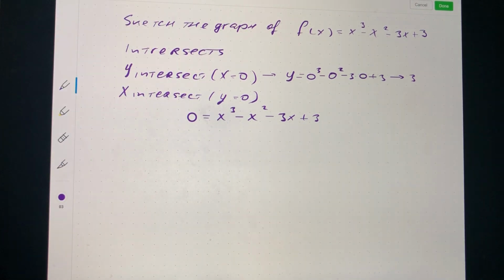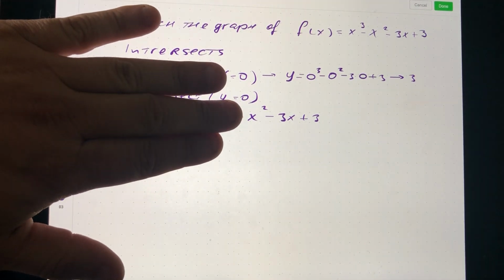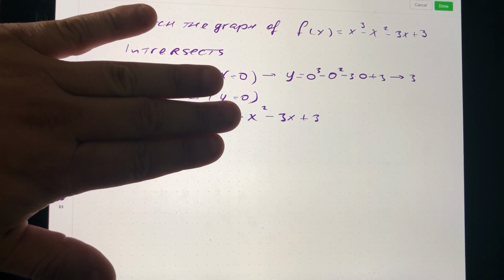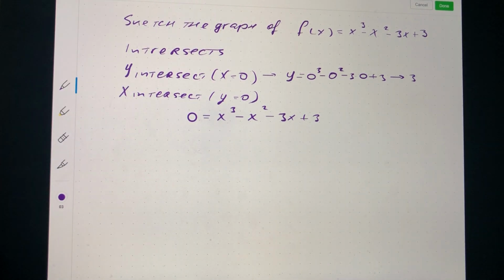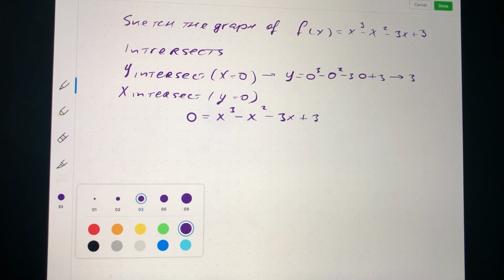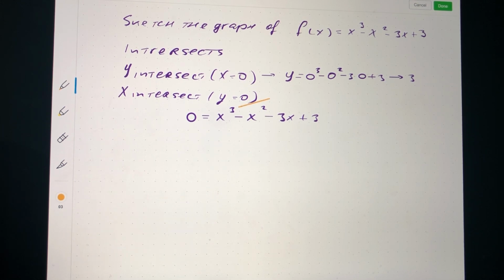So instead, for anything that is more than a square, we use the fundamental theorem of algebra to tell us how many solutions we get. The fundamental theorem of algebra tells us that we are going to get 3 solutions because the degree is equal to 3.